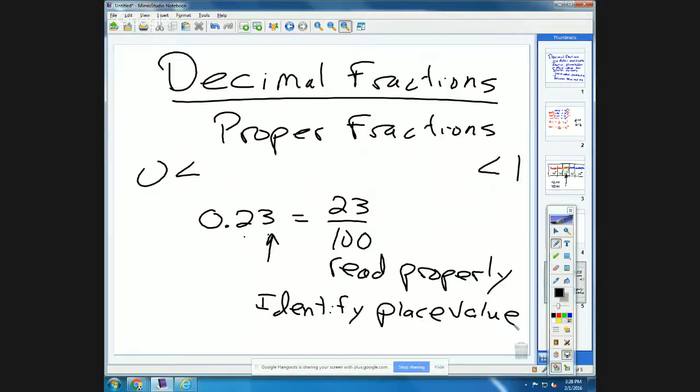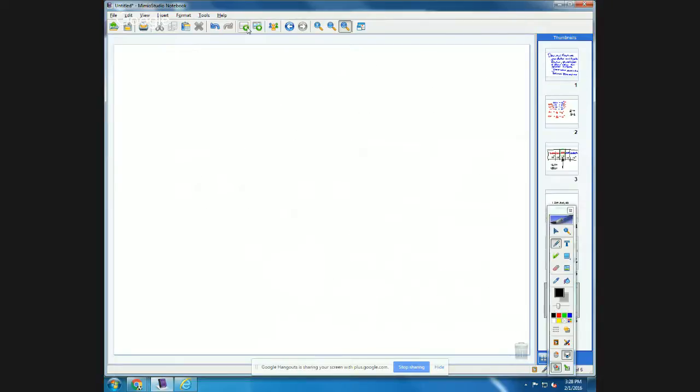Now, that idea even extends to non-proper fractions, improper fractions. So, for example, 2.17 could be read in a couple of ways. I could read it as 2 and 17 hundredths.